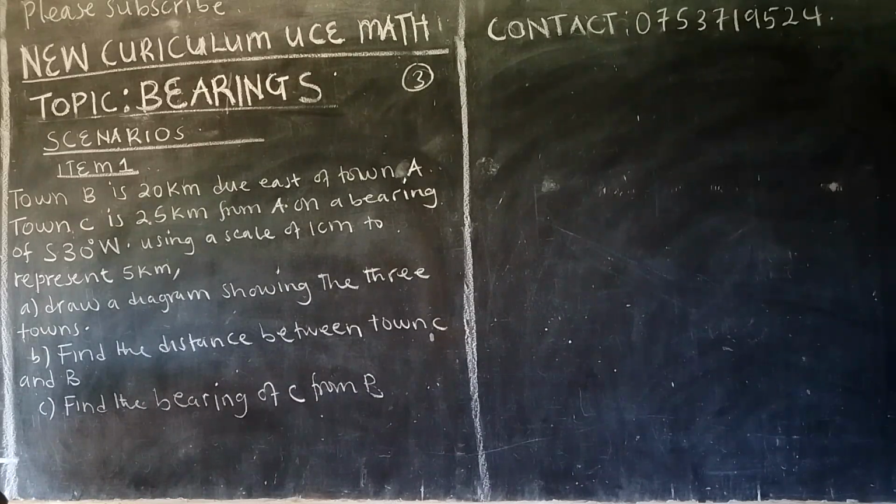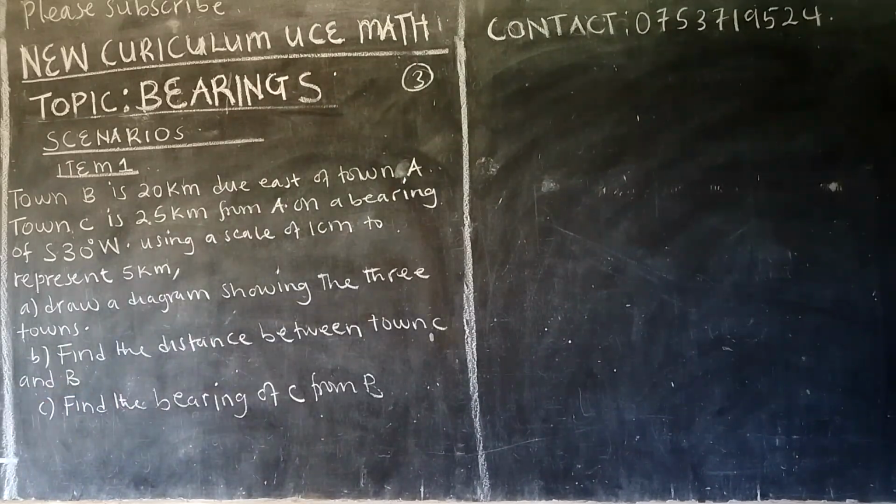In lesson 1 and 2, we got to know the types of bearings, and how we can go about drawing them, and what to strictly use is a protractor and a long ruler. A compass, we don't use a compass to construct angles. Like I said, a protractor is only used to draw angles, not to construct. Okay. Now I have this item 1, and we are going to go about it.